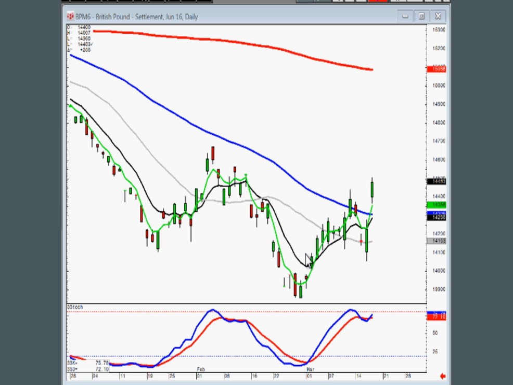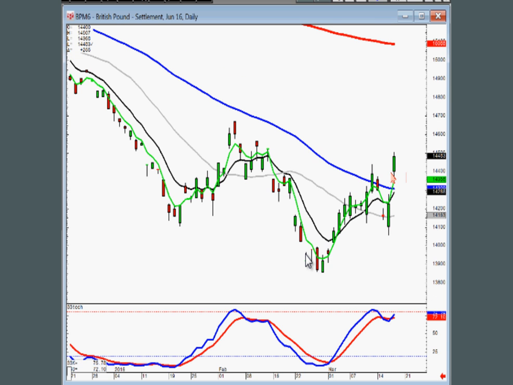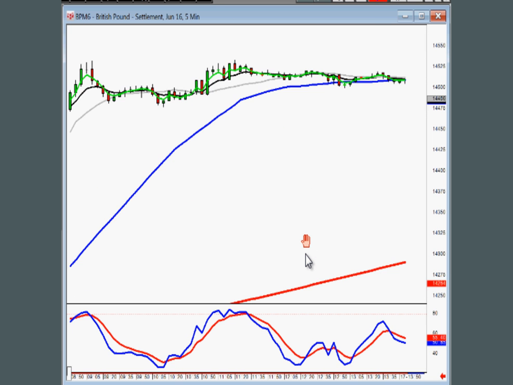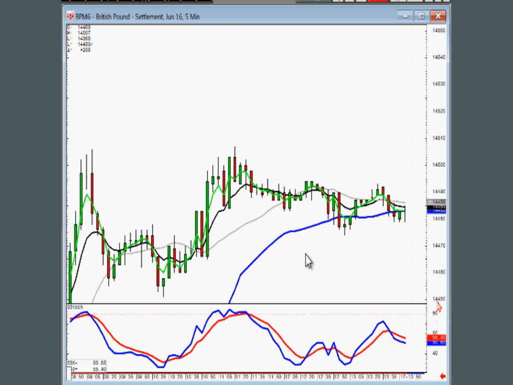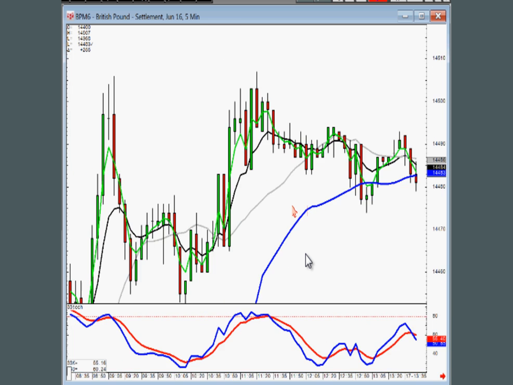The intraday chart settings are the same. If I was thinking the British pound was going to trade higher, that's my 5-minute chart. Let's flip to the 5-minute chart, and as you can see, it doesn't look any different than any other chart.